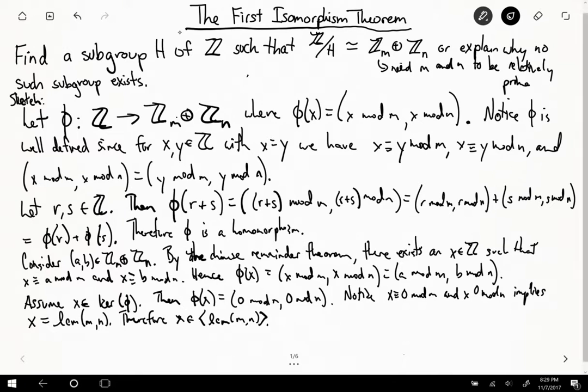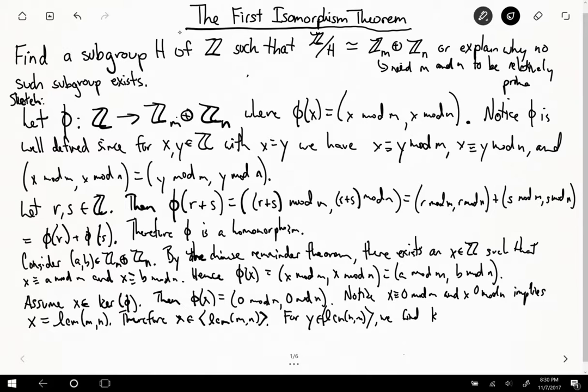Well, for y in the set generated by the least common multiple of m and n, I wrote that backwards, but no big deal. Oh, and I should say the set. We find, well, what happens? That means y is some multiple.